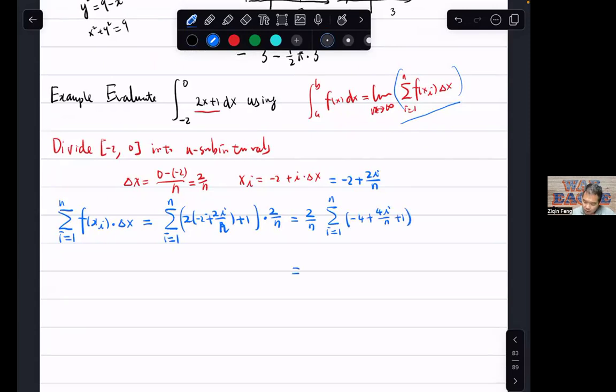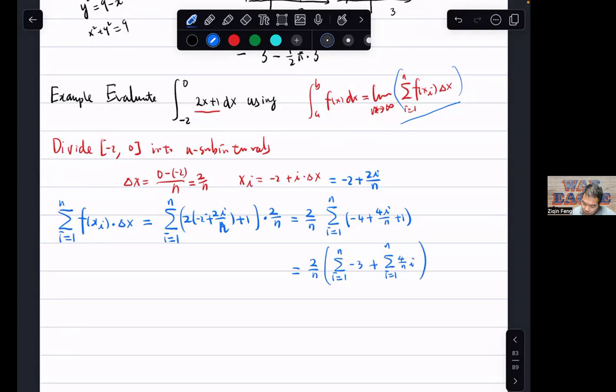So this is 2 over n times the summation i from 1 to n of -3, plus the summation i from 1 to n of 4 over n times i. Here i is changing, 4 over n is not changing.